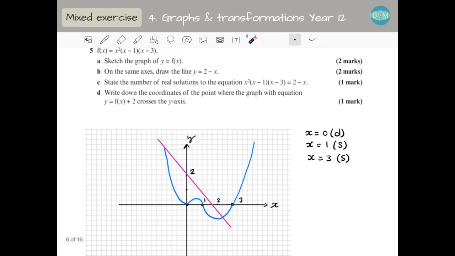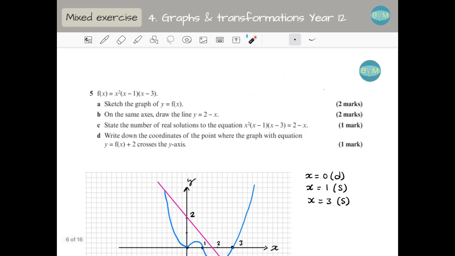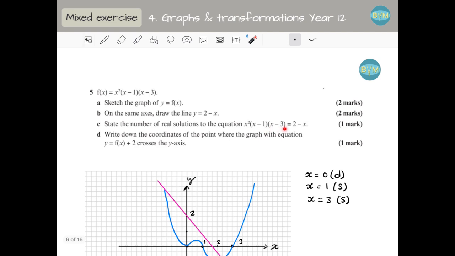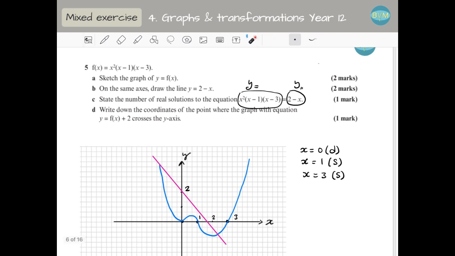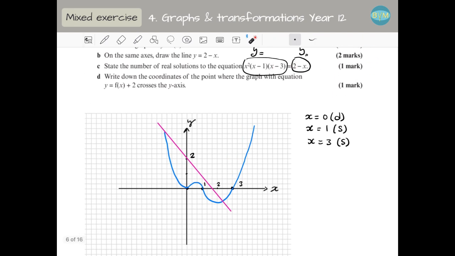State the number of real solutions to the equation, this one. If you see here, this first part of the equation is the quartic, and this second part of the equation is the line. And remember, when we have one equation like this one, we can think that we are finding the intersection between y equals this function and y equals this line, which means we are finding the points of intersection between our quartic and our straight line.